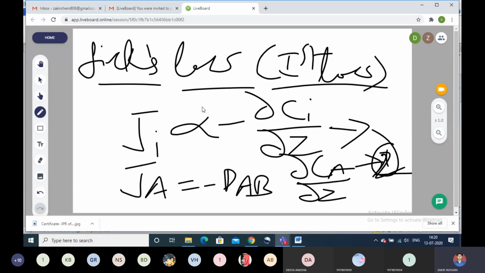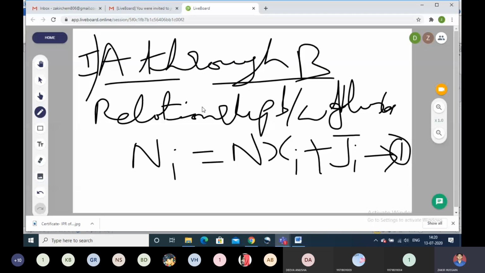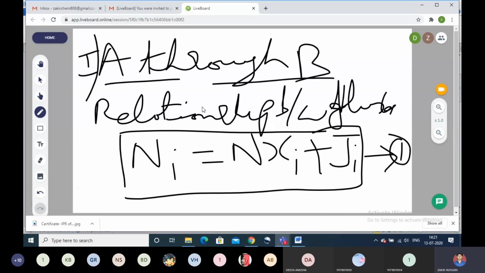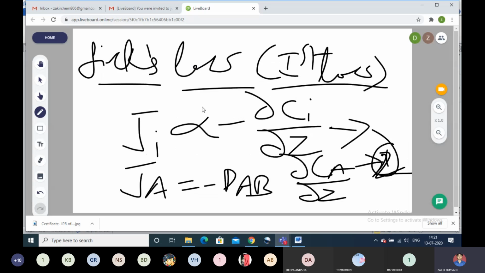This formula, Fick's first law, and the relationship between the two fluxes are very important, since around 10 derivations will use these same two formulas frequently.